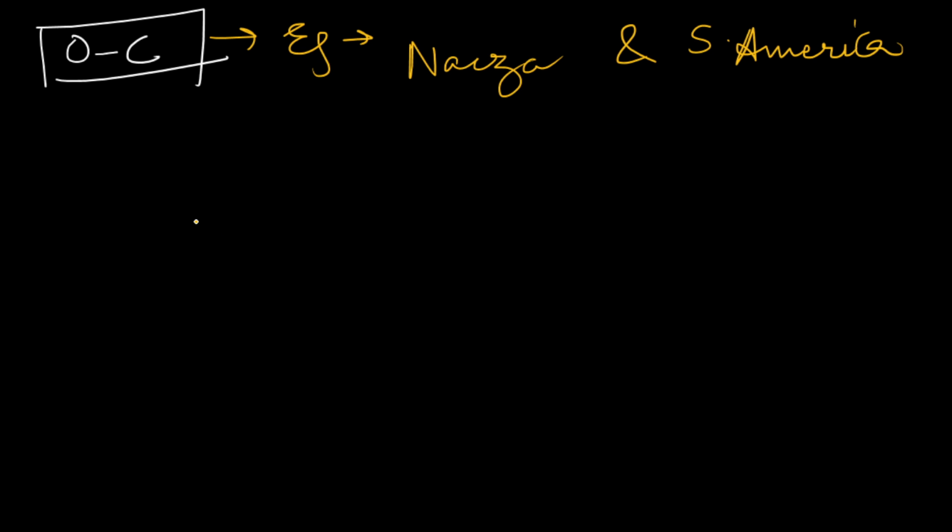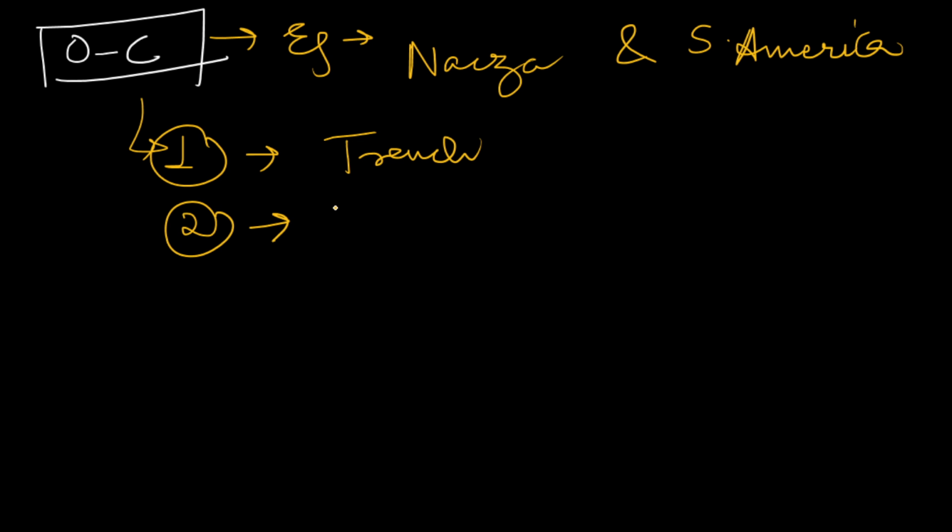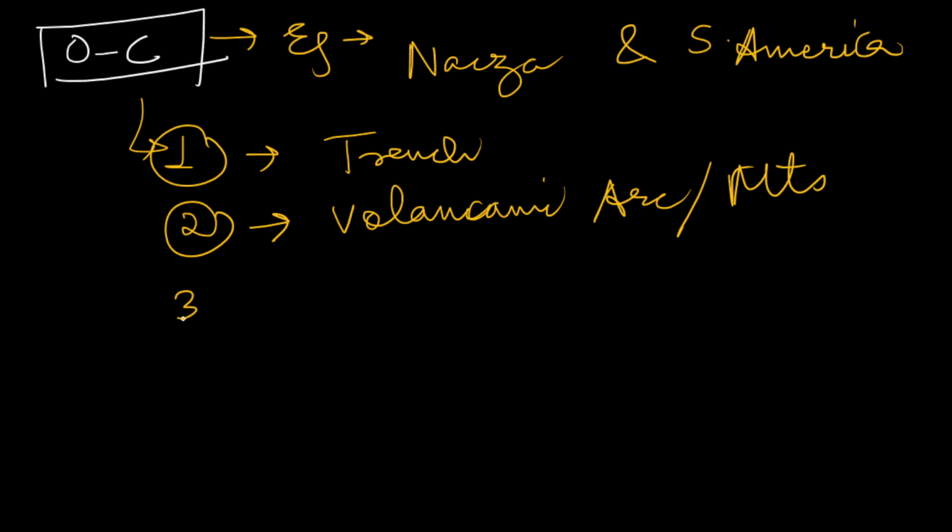So we will see the stages. In the first stage, there will be formation of trench, obviously. In the second stage, volcanic arcs or mountains form. And in third stage, there is formation of special fold mountains.